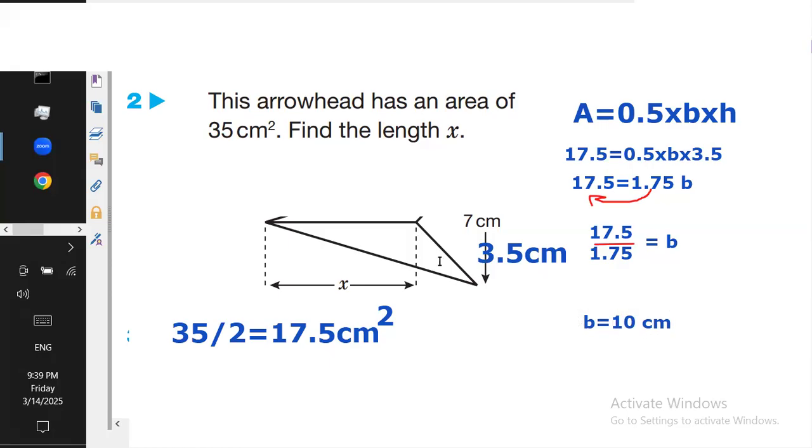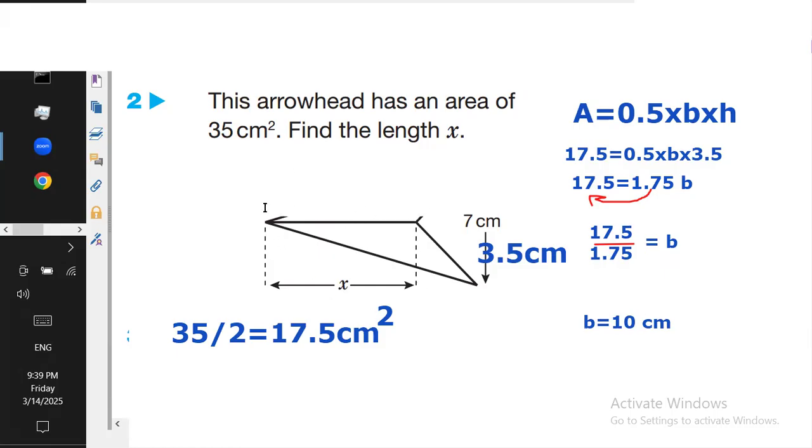So the basic idea is I just divided the arrowhead into two triangles because both of them are the same. And this dividing made me divide the area into two and this length, which is the height of the triangles, into two. So 7 divided by 2 is 3.5, 35 divided by 2 is 17.5. Now we're talking about one triangle. So I'm trying to find the base of this triangle.